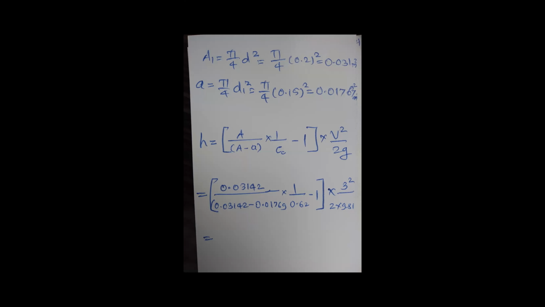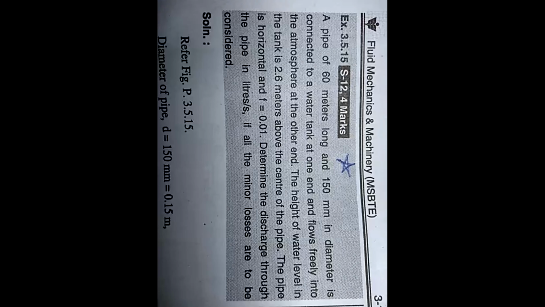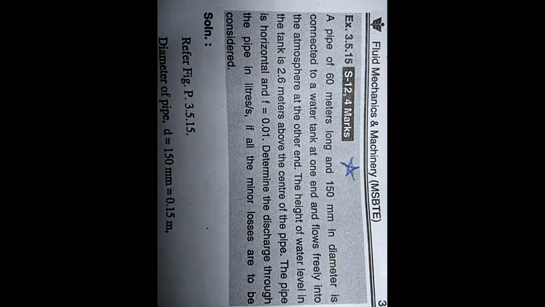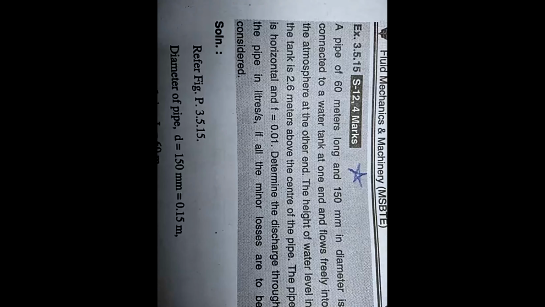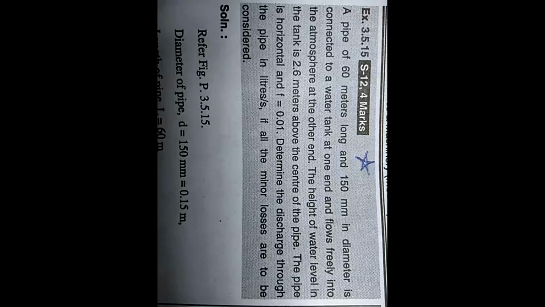Okay, so that is a very interesting numerical for the total loss. Though it may seem lengthy, you just have to simplify it. Now, what is given in this numerical?